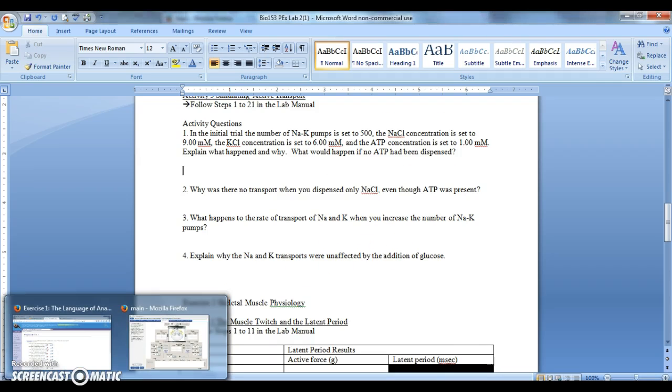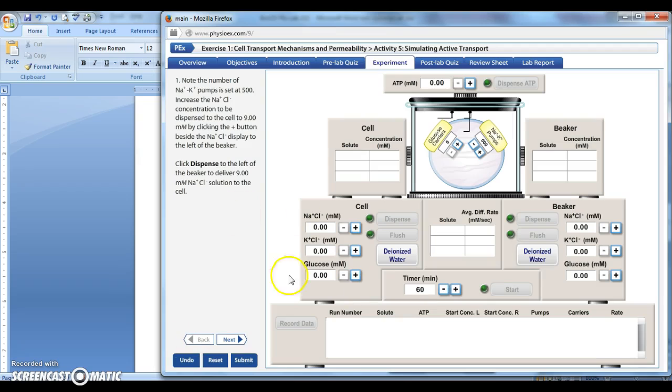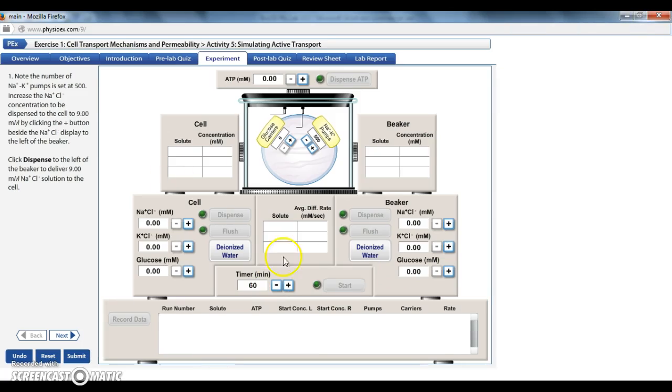So let me just show you what it's having you do. This confuses me sometimes because I try to do things too quickly, so make sure you pay attention to what side it's asking you to do things on.